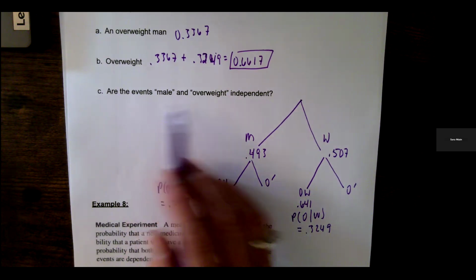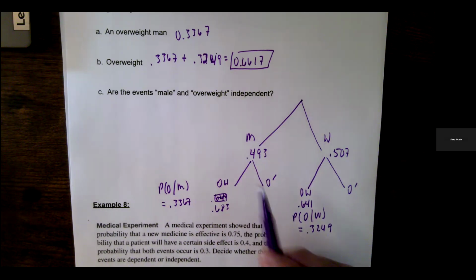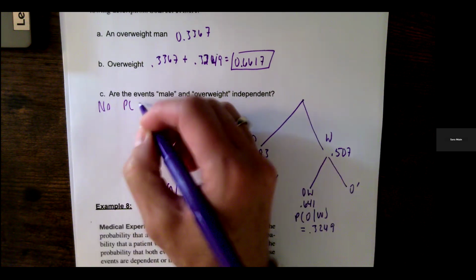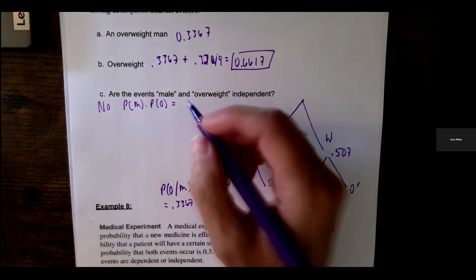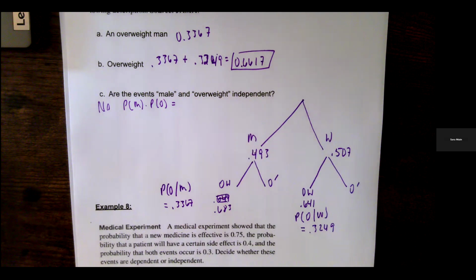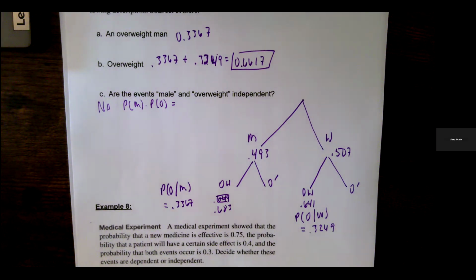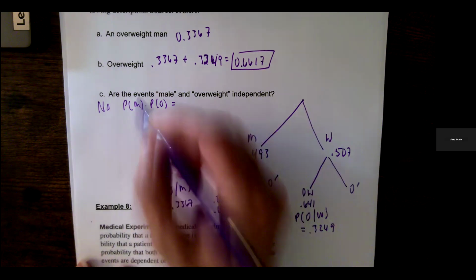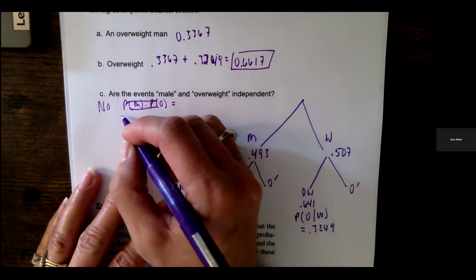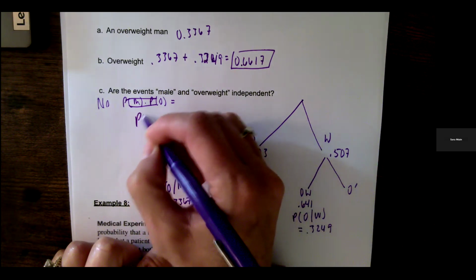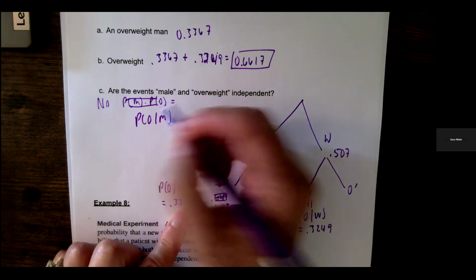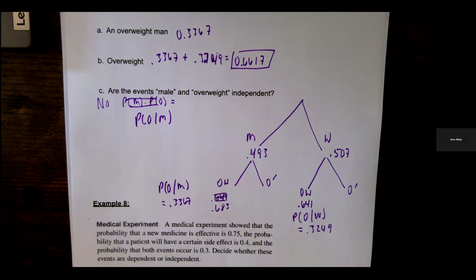And then it says, are the events of being male and overweight independent? And that is no, because the probability of being overweight, given that they're male... If they are independent, let's remind ourselves of this.